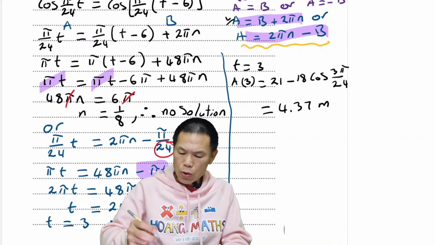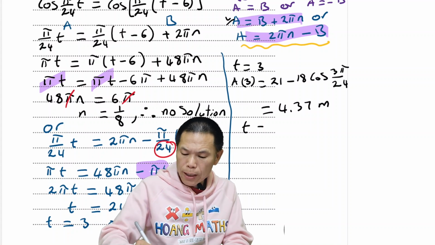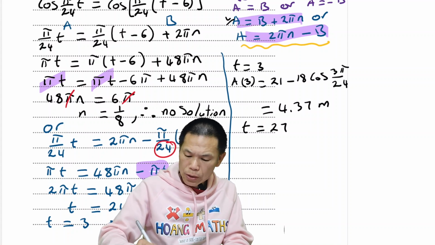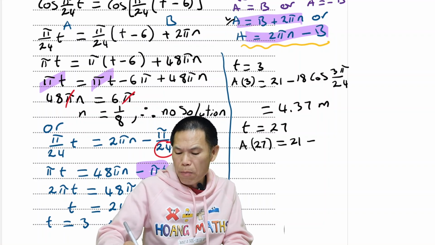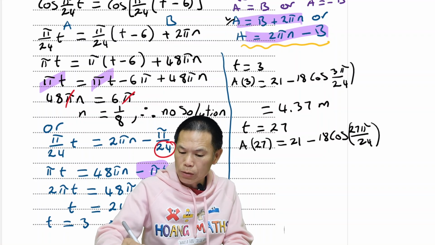So when t is 27, we can find I(27), which is 21 minus 18 cos of 27 pi over 24. Don't forget, we just need to bracket it.